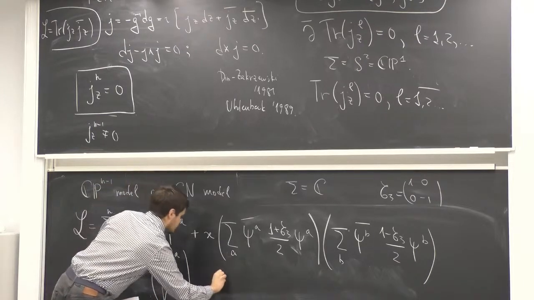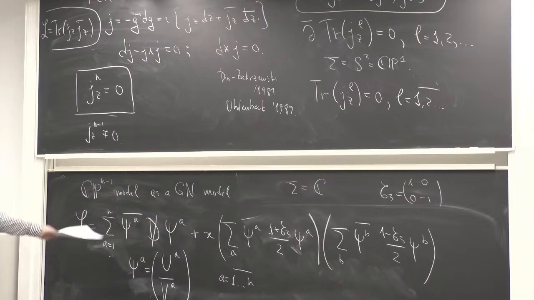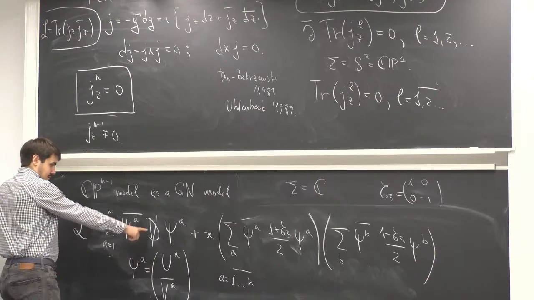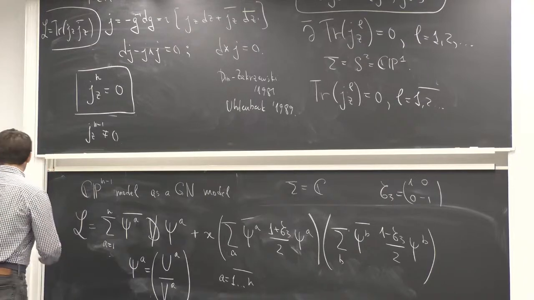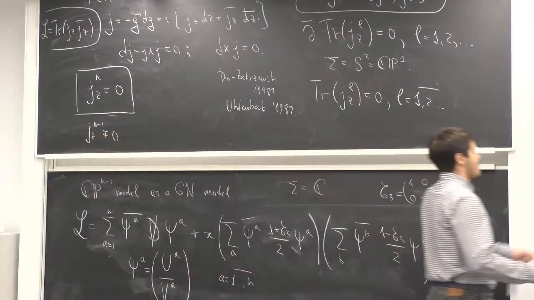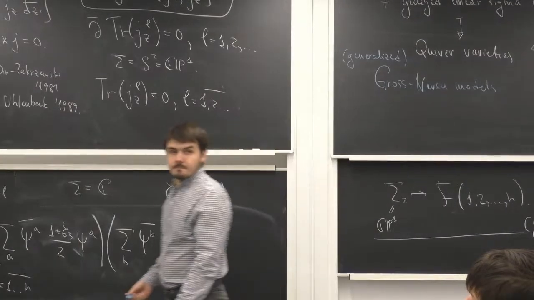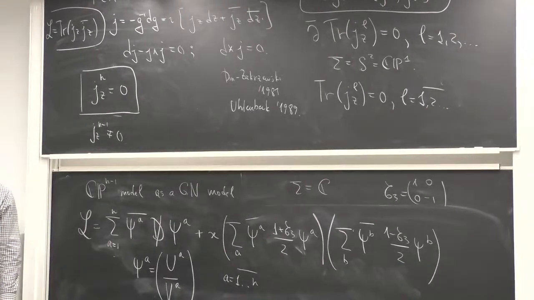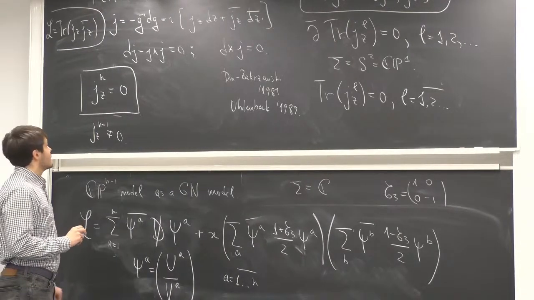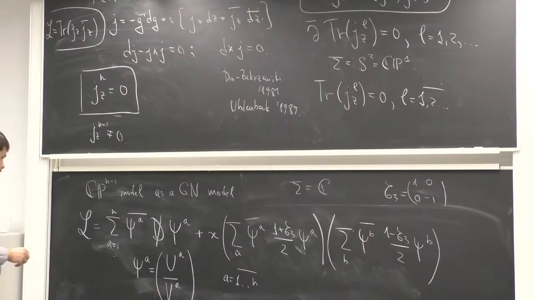A goes from 1 to n. N will be some flavor index, some symmetry. And D-slash is a Dirac operator with respect to some gauge field, which you can think of as a U1 gauge field. And psi bar is Dirac conjugation, or Hermitian conjugation, yes. It's a Euclidean theory.